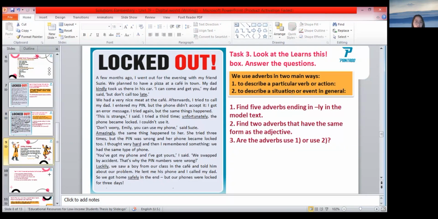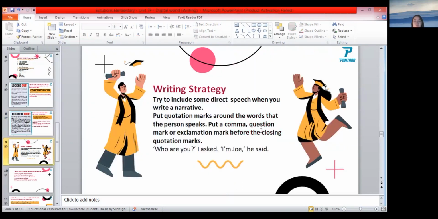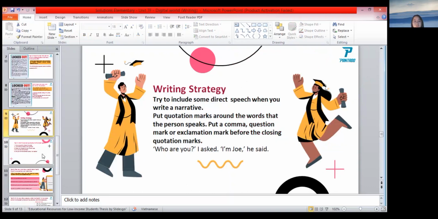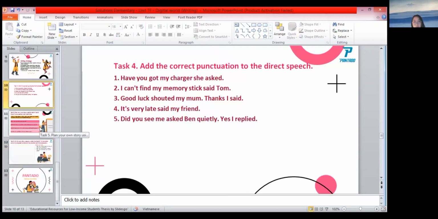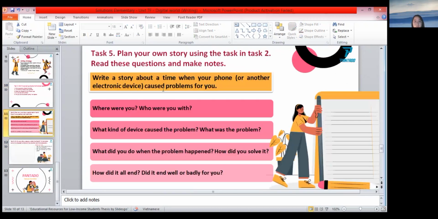Good. Now here we have the writing strategy. I think we are going to look at this writing strategy and try to discover the strategy, but not do this one. Okay, I think we're gonna do this one in the next lesson. It will be much easier for you because in the next lesson you will write your own story.